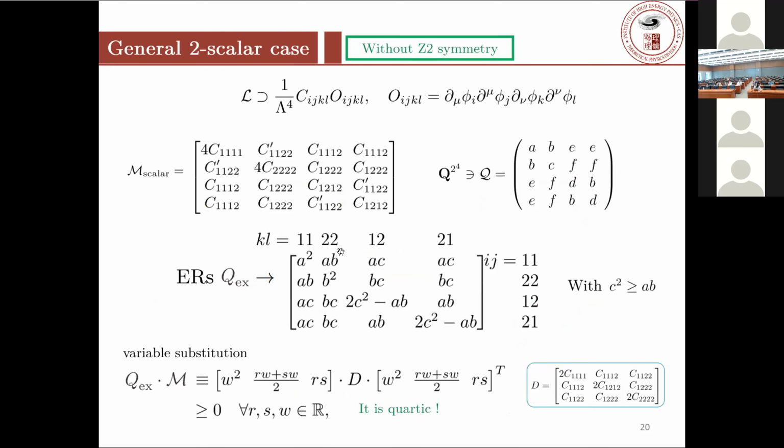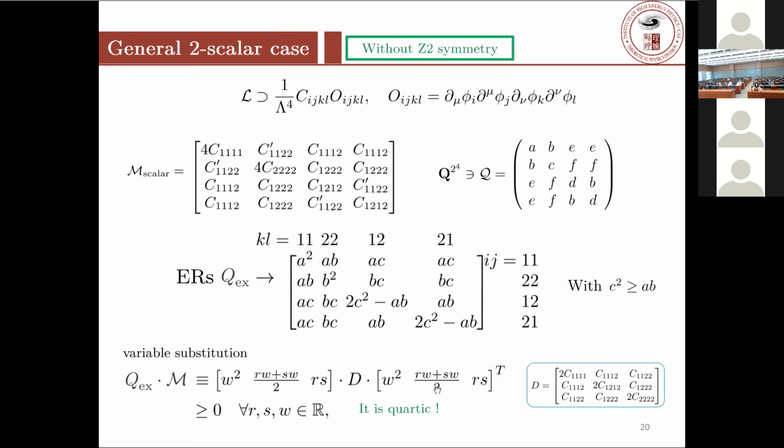But if the EFT is without the C2 symmetry, we know that the bounds are more difficult to obtain analytically. We can write a general form of the extreme ray here with a constraint C squared larger than AB. We can make a variable substitution with R, S, and W, which can remove this constraint, but this will make the problem become a quartic problem.